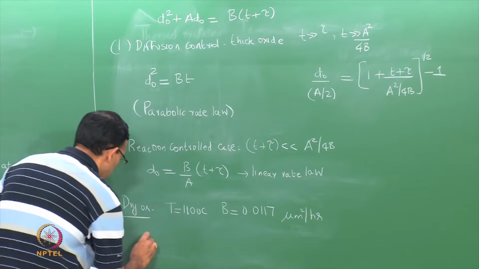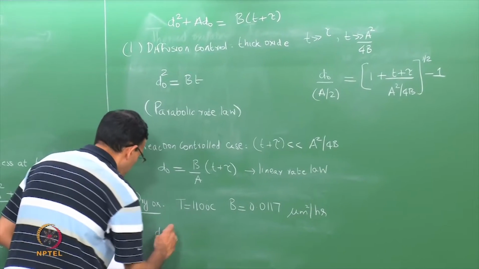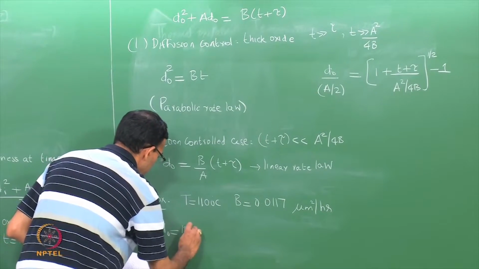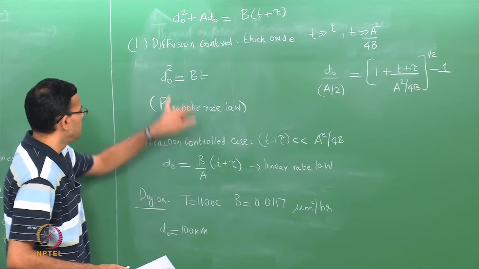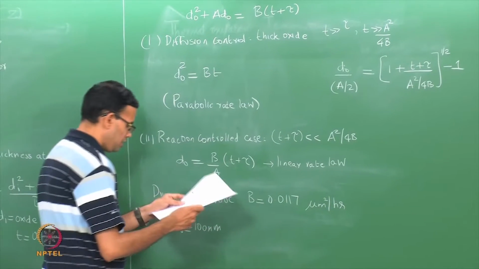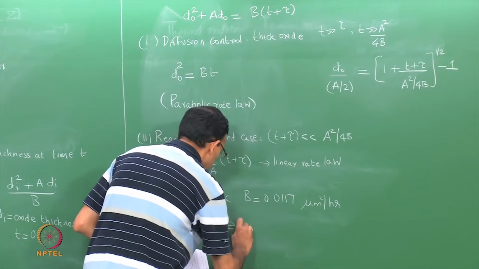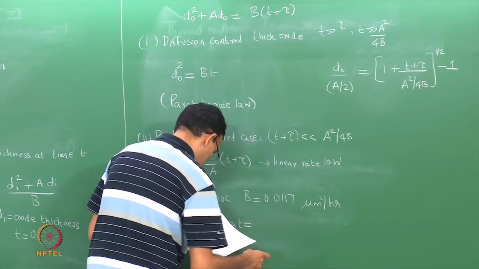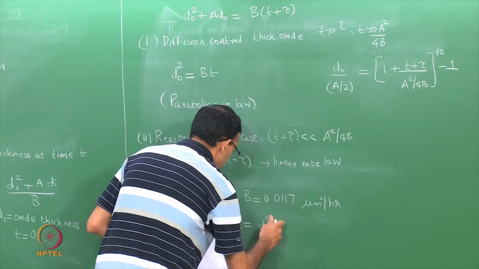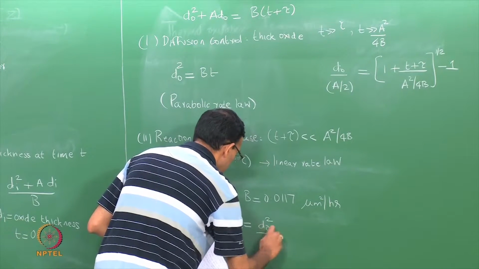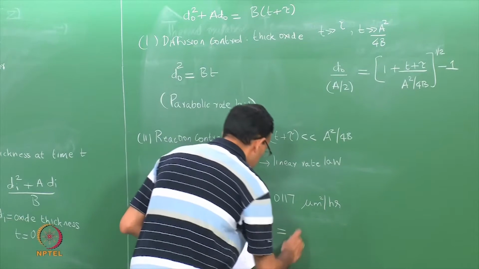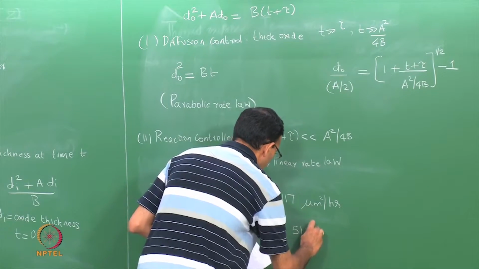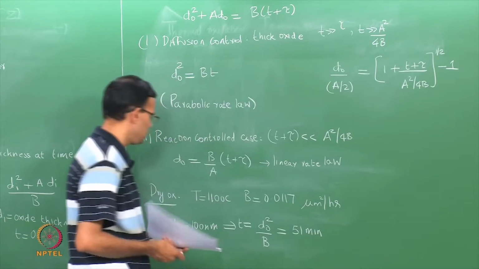To grow an oxide layer d naught of 100 nanometers thickness, the time required, just by using the parabolic rate law equation, is d naught square over B, which is approximately 51 minutes.